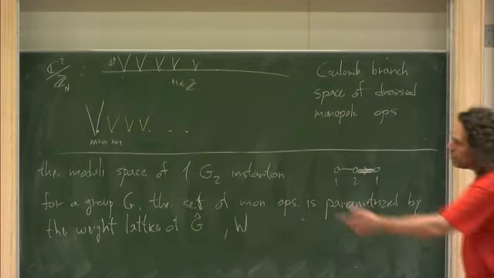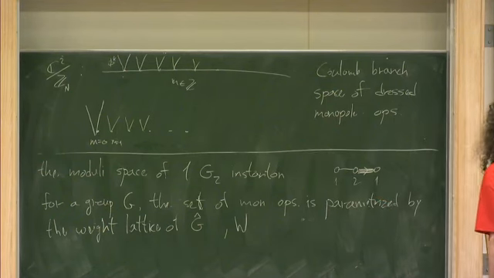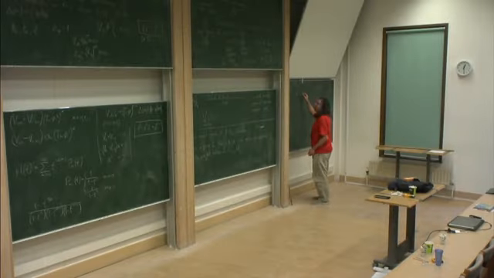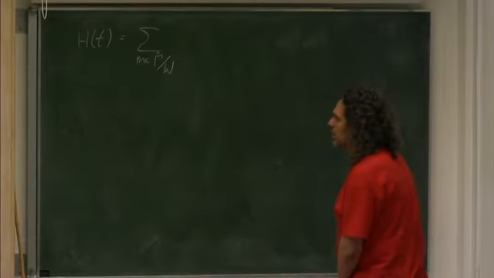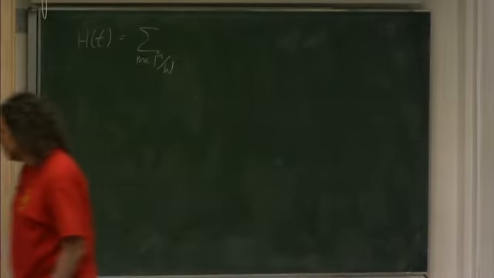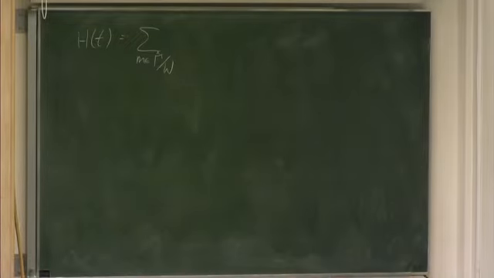And for the case of U1, there was no need for that. But in general, when I write down the Hilbert series, it's going to be a sum over points in the lattice, let's call it lambda hat, divided by the Weil group. Well, lambda hat is the lattice of the weight lattice lambda.